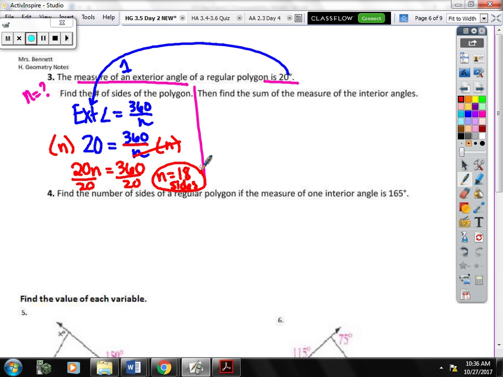Then find the sum of the measures of the interior angles. What's the formula that we learned yesterday for sum of the measures of the interior angles? Reagan? N minus 2 times 180. Good. So we're going to substitute into that formula now, knowing that n is 18.